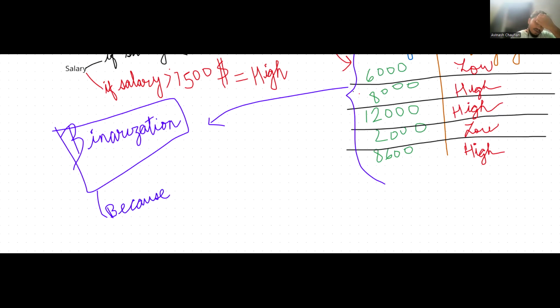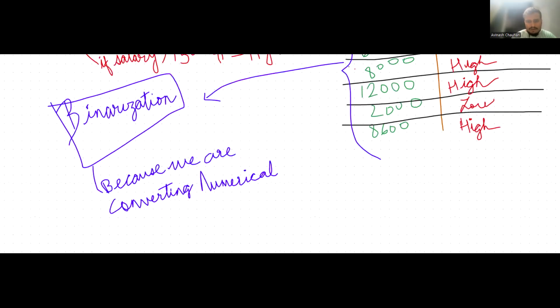Because we are converting my numerical value into two categories.